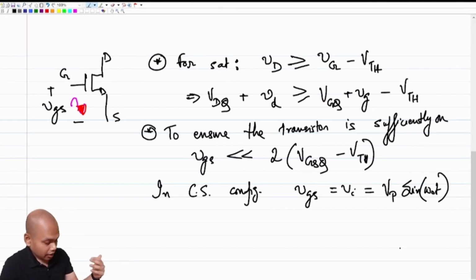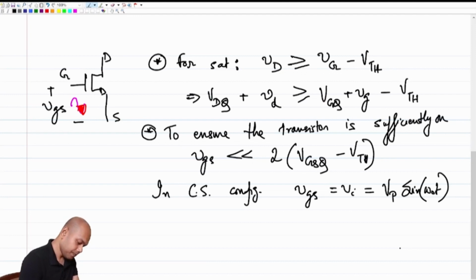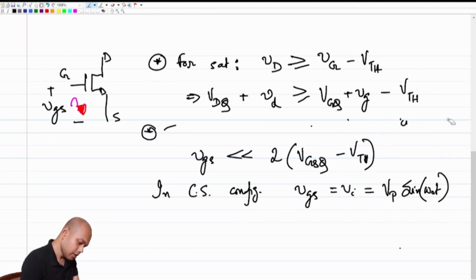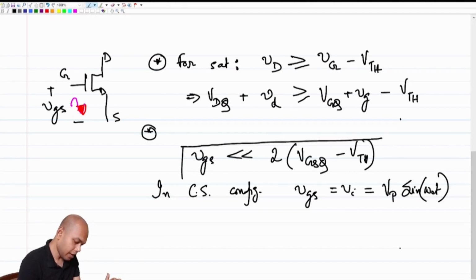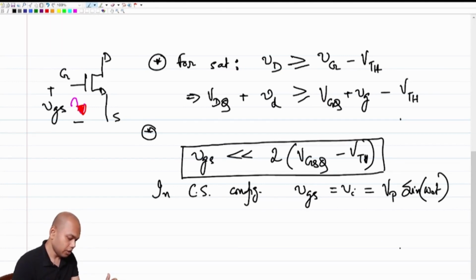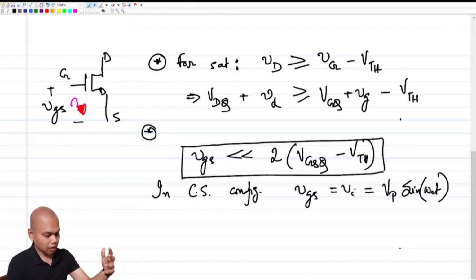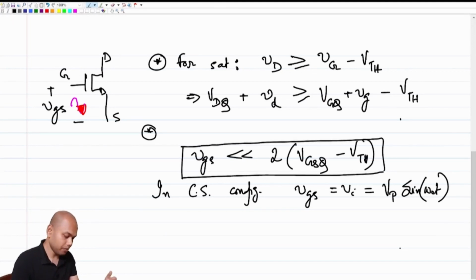So let me take a step back, and I think I should rephrase this statement. If we go back to the previous lecture, we saw that this condition was required in order to ensure the validity of the small signal approximation, regardless of whether the signal is swinging on the positive cycle or the negative cycle, right? So let me correct myself here.